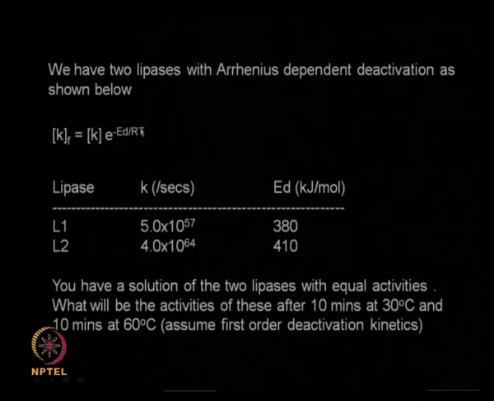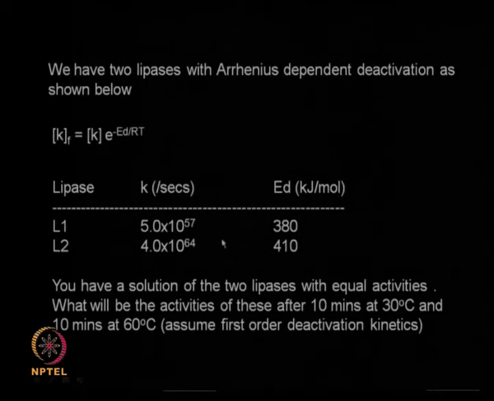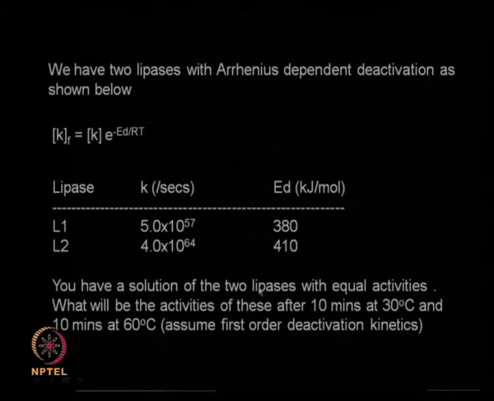That means dC by dt is equal to minus k into C, that is the first order rate constant, and the k, that is the rate constant, depends on the temperature this way, understand.